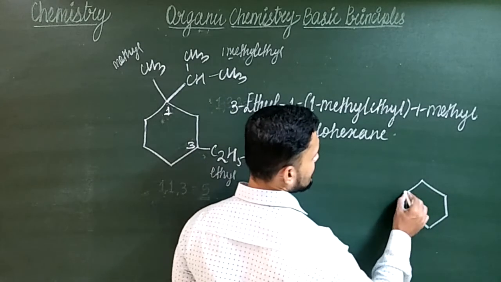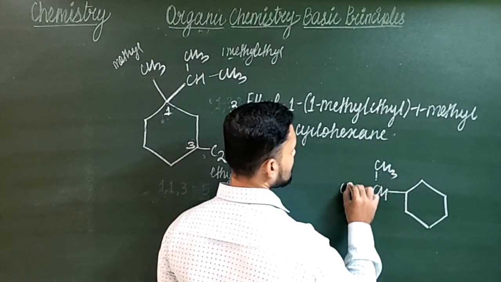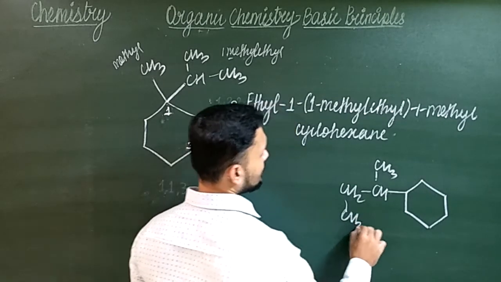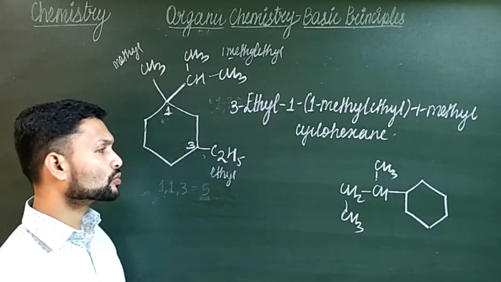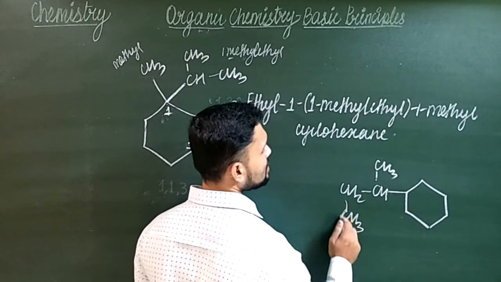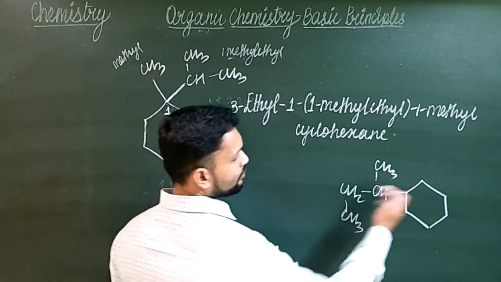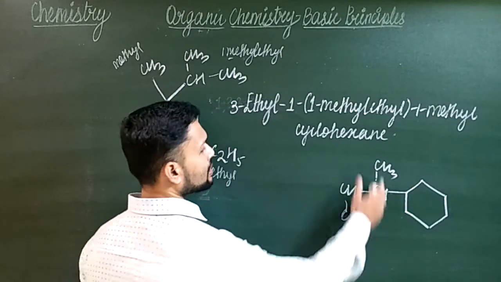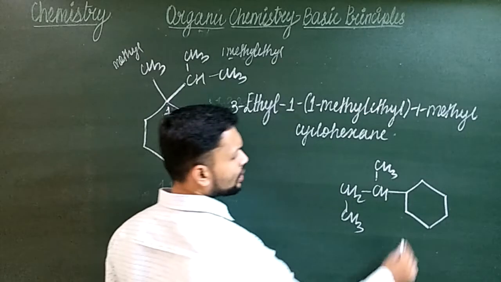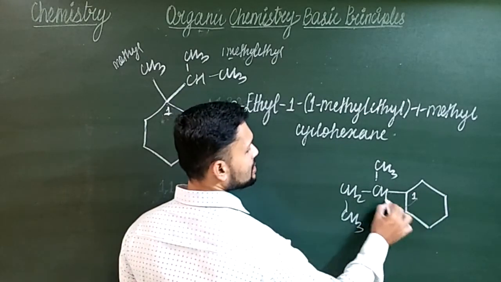So suppose this is an example. Now simple, the longest chain is of 6, this is the longest of 4. So obviously the main parent will be the ring and this aliphatic will be the substituent. This is attached to the first carbon of the ring and this is the immediate carbon.